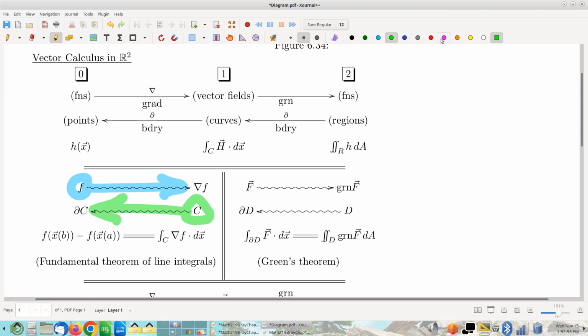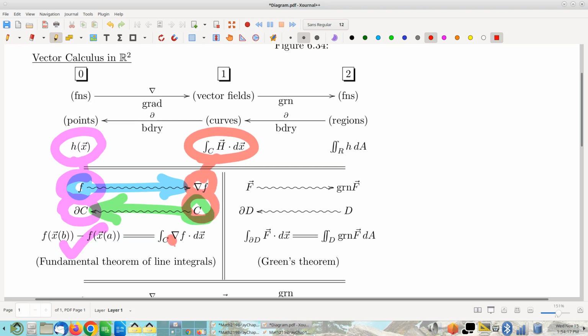With that set up, evaluating the original function on that boundary curve, like so, doing a vector line integral of the gradient on our original curve, like so. And we get the same answer either way.